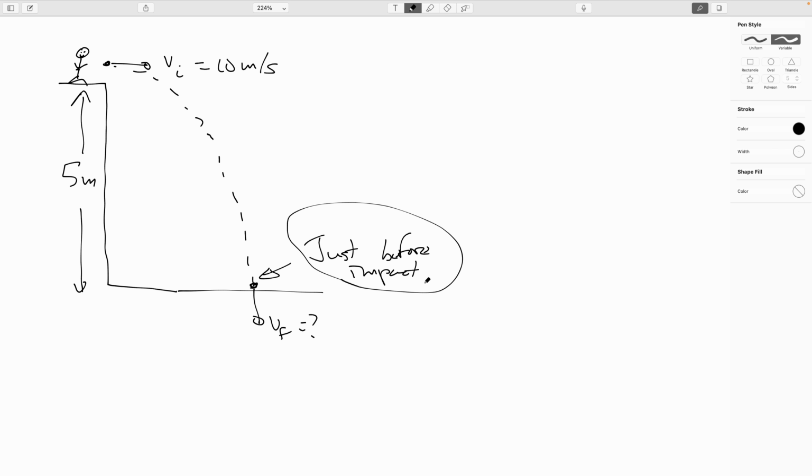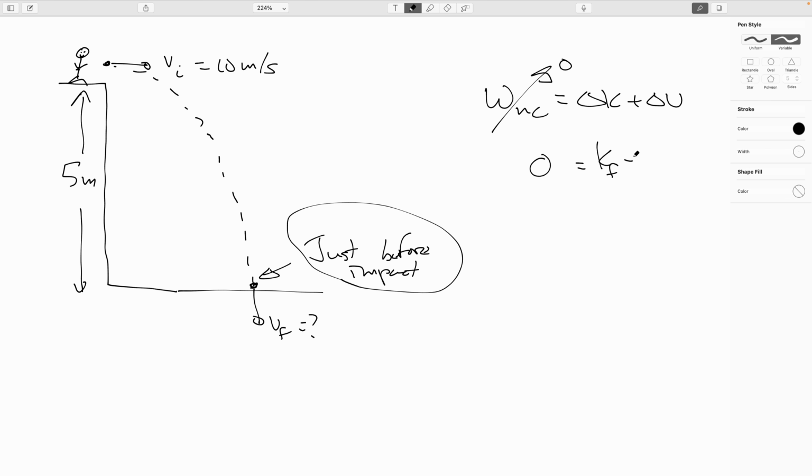All right. So let's just go ahead and take a look at this. We can take our work-energy theorem here now and say the work done by non-conservative forces is equal to the change in kinetic plus the change in potential. Well, here we're neglecting air resistance, so there are no non-conservative forces.